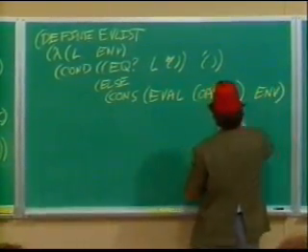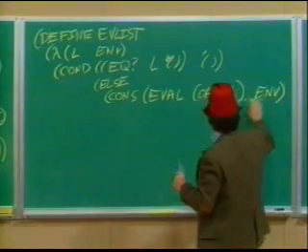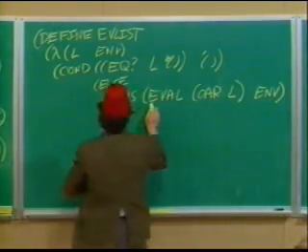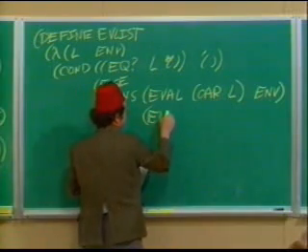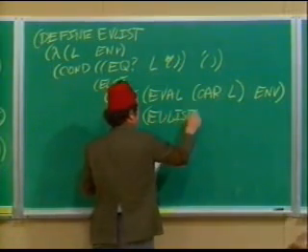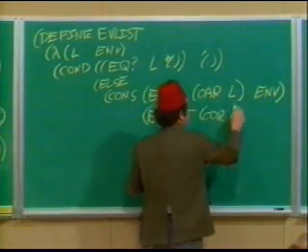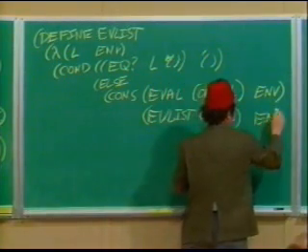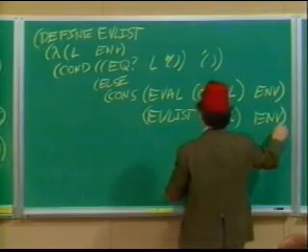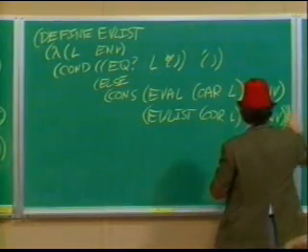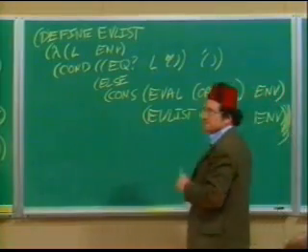So I want the first operand evaluated, and I'm going to make a list of the results by consing that onto the result of evlisting the cdr of the list relative to the same environment. It's a cdr recursion. Evlist, cons, else, cond, lambda, define.